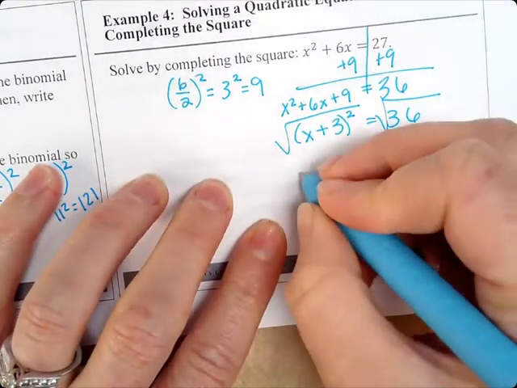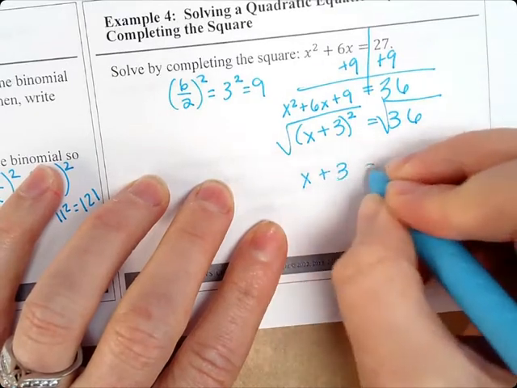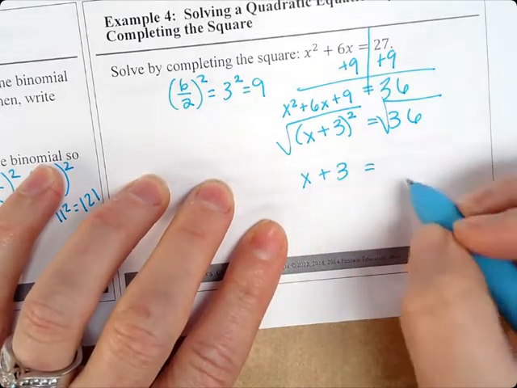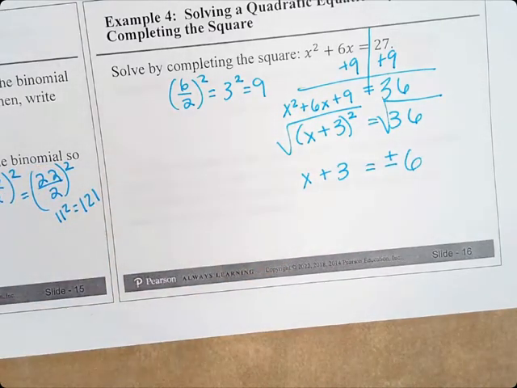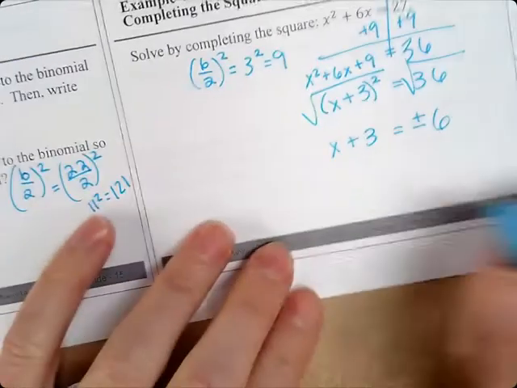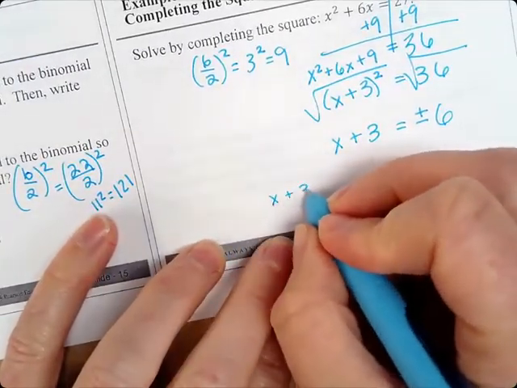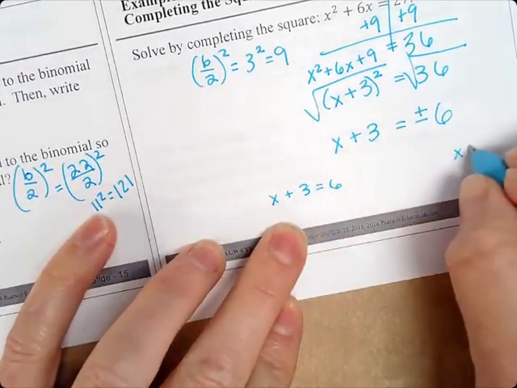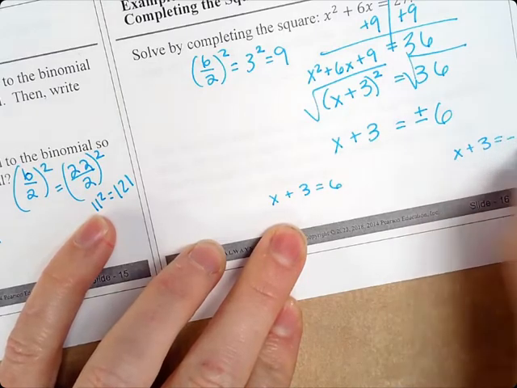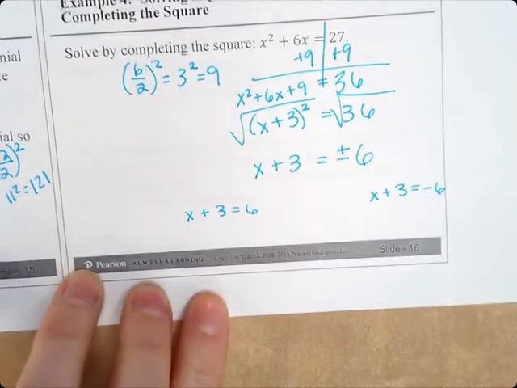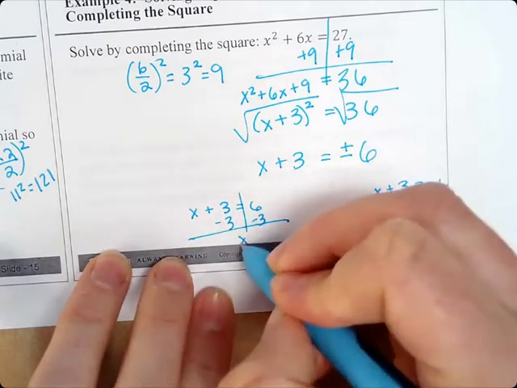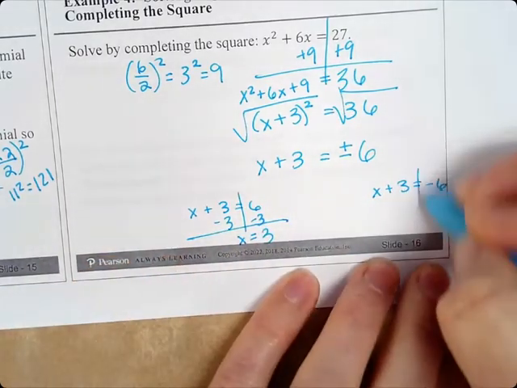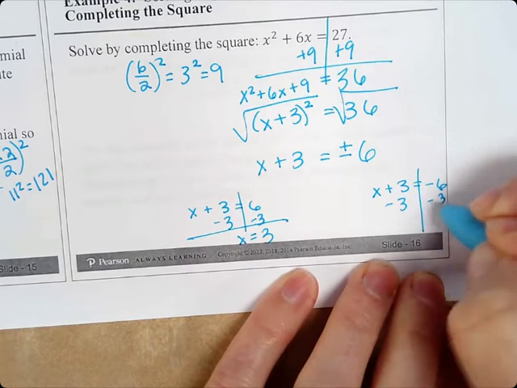So we would have x plus 3 equals the square root of 36, plus or minus 6. Then we have two equations: x plus 3 equals 6, and x plus 3 equals negative 6. So x equals 3 and x equals negative 9.